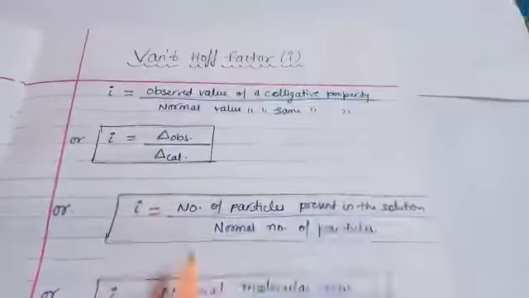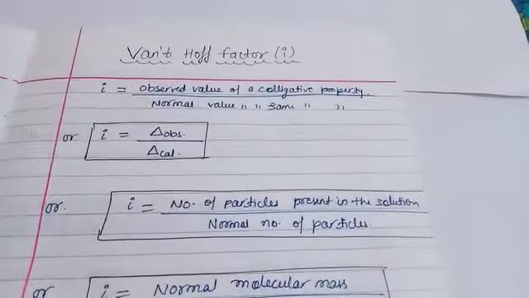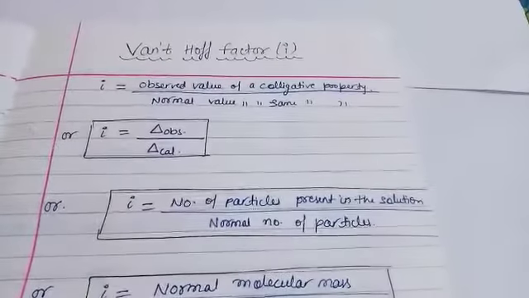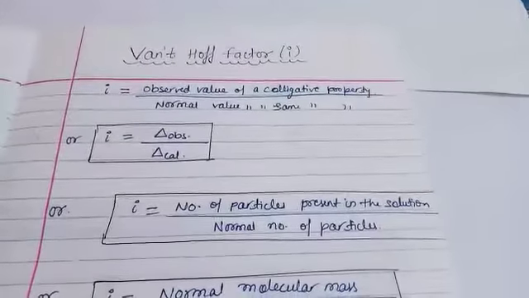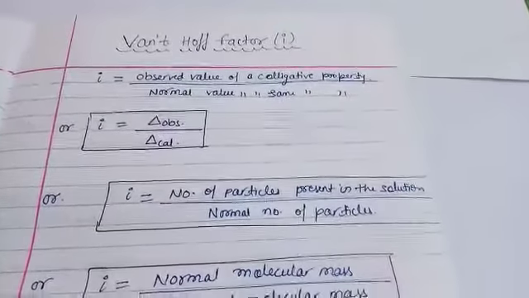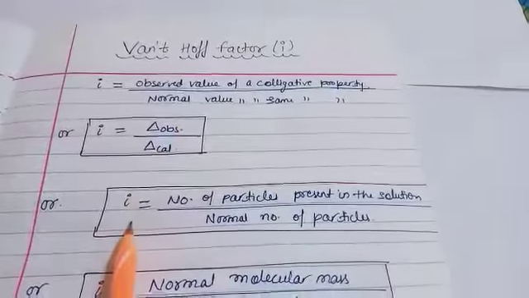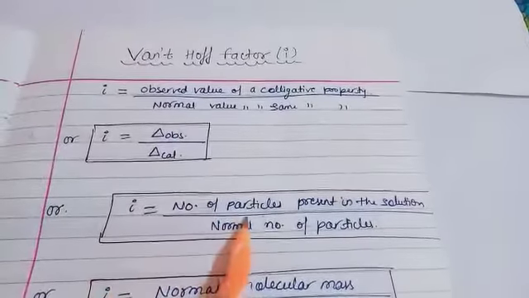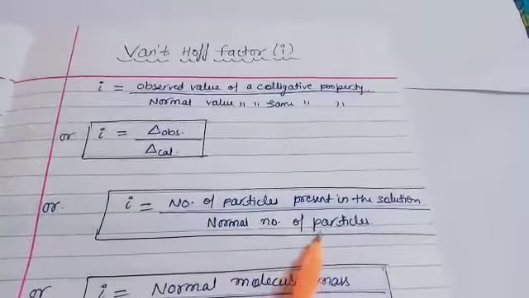Now we have other formulas also. You know that colligative property is directly proportional to the number of particles present in the solution and inversely proportional to the molecular mass, that we have learned in an earlier video. So instead of this you can write this formula also: i is equal to the number of particles present in the solution upon the normal number of particles.